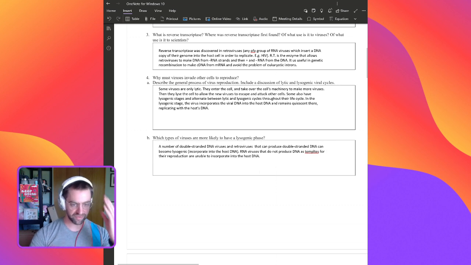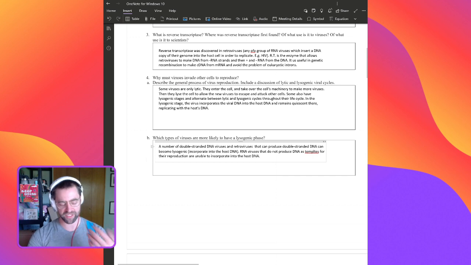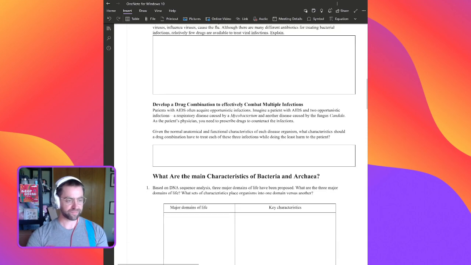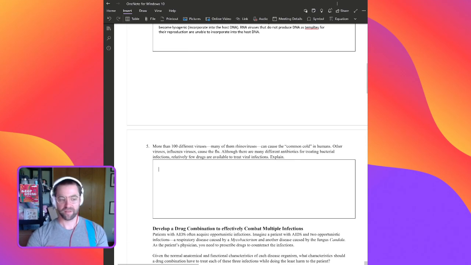So that's a simple thing to have memorized. If a virus is incorporating its DNA into the cell's chromosomes, into the cell's DNA, then it is lysogenic. But if it's an RNA virus, it by definition cannot incorporate its DNA into that genome.